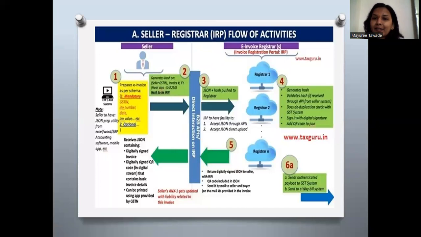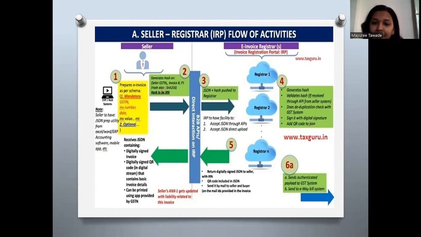So the seller registers on the IRP. Flow of activity: prepare an invoice as per the schema, with the mandatory GSTIN number. Then second, generate a hash on the seller GSTIN and invoice. Then the JSON plus hash is posted to the registry. Then it generates the hash, validates the invoice, does a duplicate check with the GST system, signs with the digital signature, and adds the QR code to the JSON.